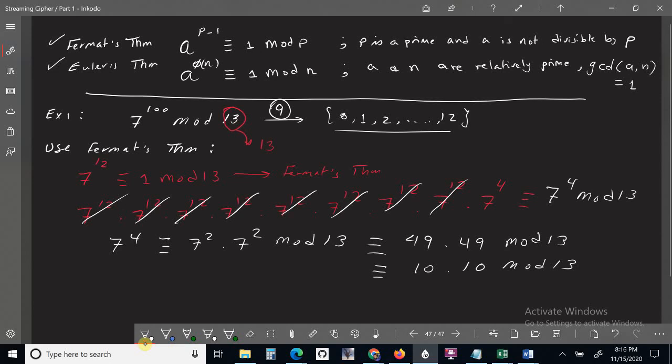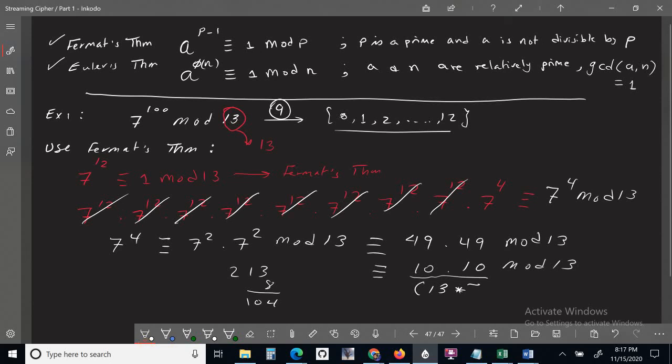When we divide 100 by 13: 13 times 10 is 130, 13 times 9 is still large, 13 times 8 is 104, so we need to bring it one down.